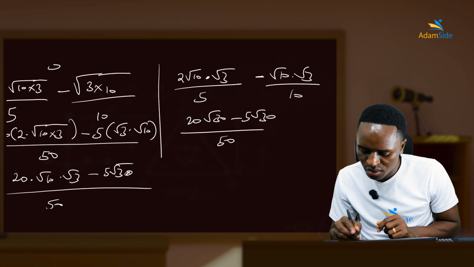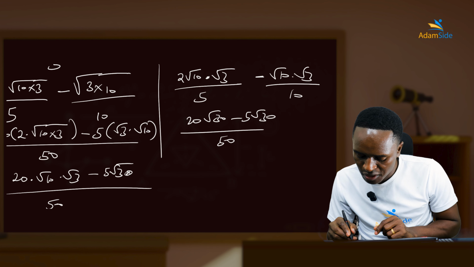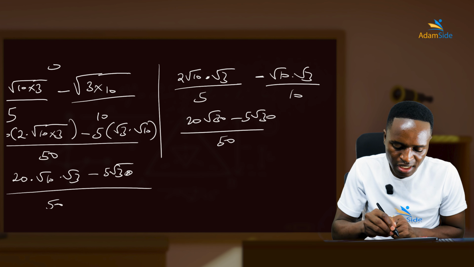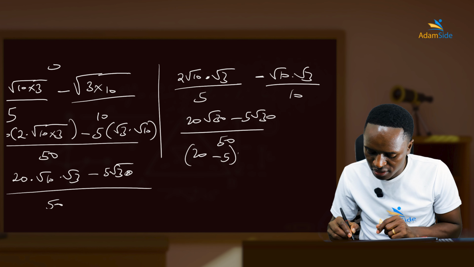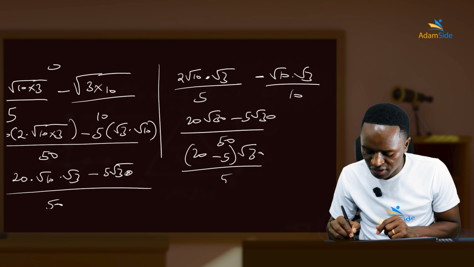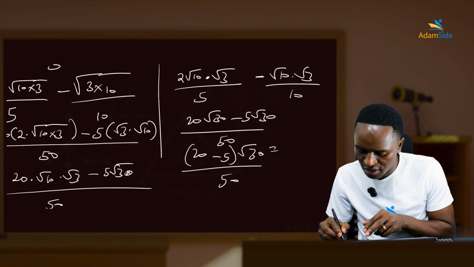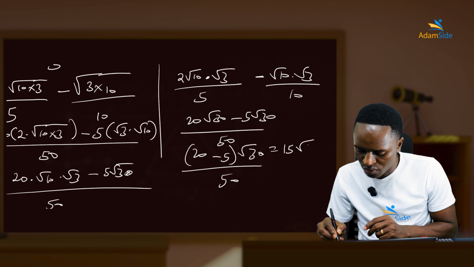Because they're the same, you can take away: 20 minus 5, and then root 30 over 50. What do you get in that case? 20 minus 5 is 15 root 30 over 50.